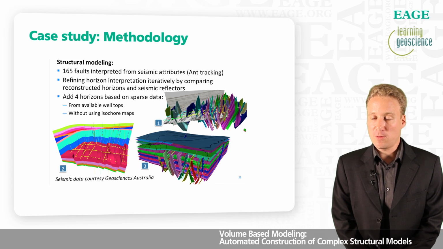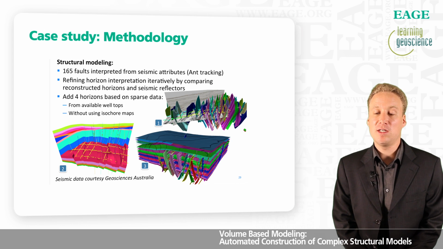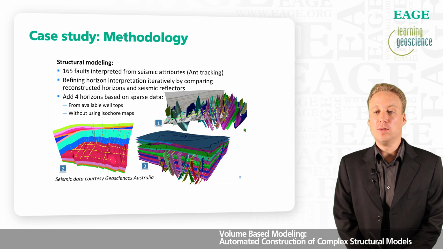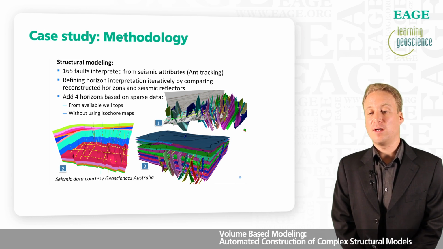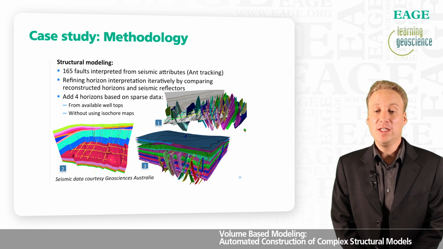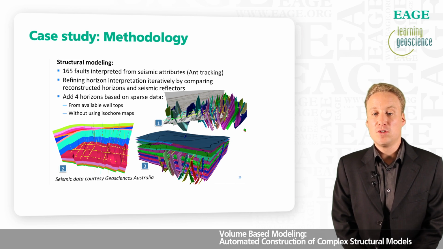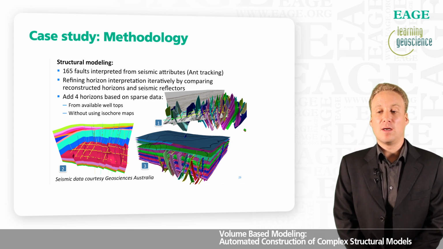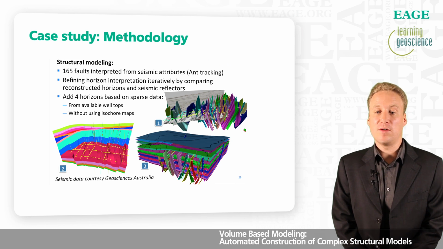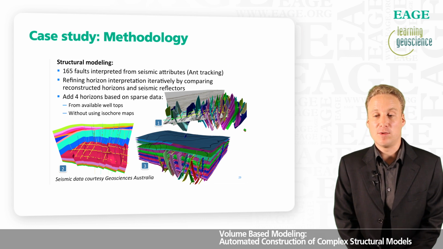We built the first horizons, and we used the proportional layering techniques that I've explained in the previous slides to create intermediate horizons, and that helped us interpret the remaining horizons. So we have been modeling a bit, interpreting a bit, and remodeling a bit until we reached the expected result.